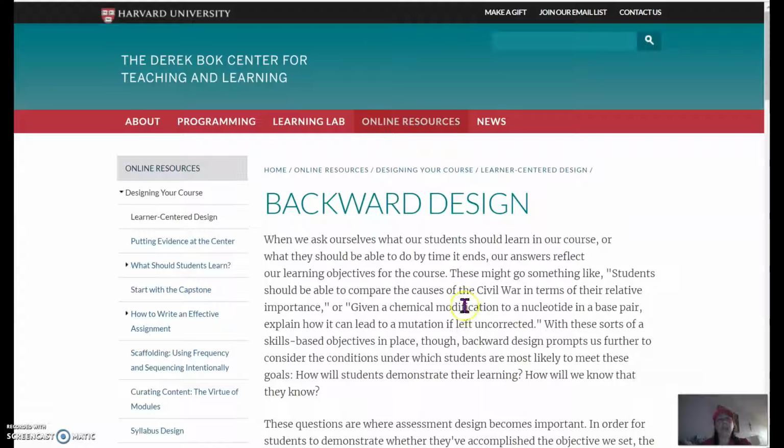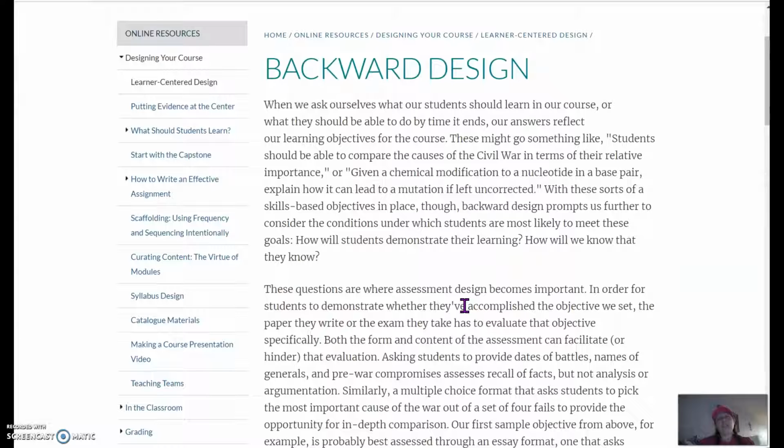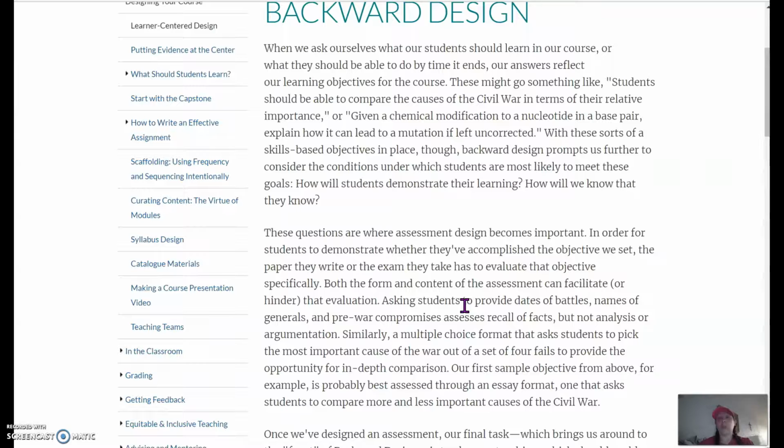So my last article is Backwards Design from the Derek Bok Center for Teaching and Learning from Harvard University. Although this is a very short article, I found that it was a very persuasive article for backwards design. It was just showing all the positive aspects that it found in it.